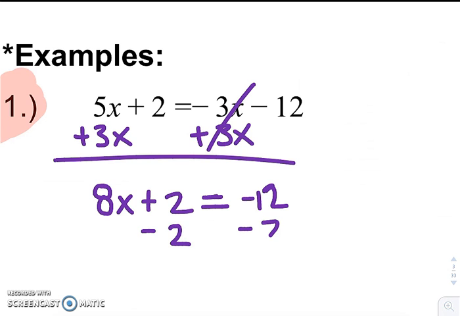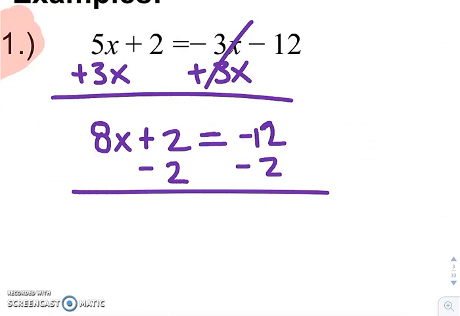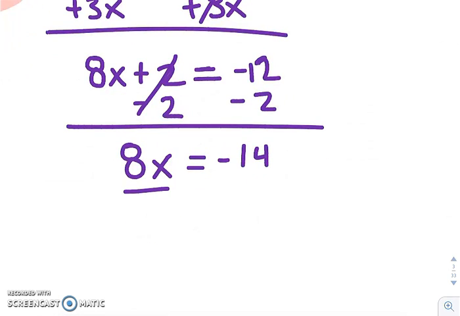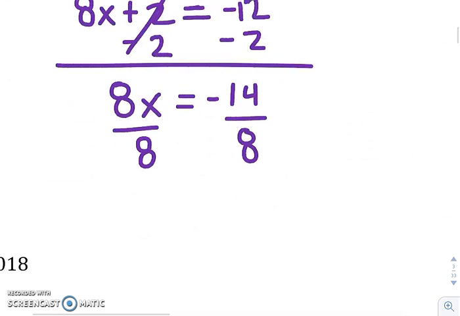So now I will move the 2 over. 8x equals negative 14. And then it's 8 times x, so we will divide by 8. For the most part, in this course, I will keep my answers as fractions, but as always, there's nothing wrong with writing them as a decimal.